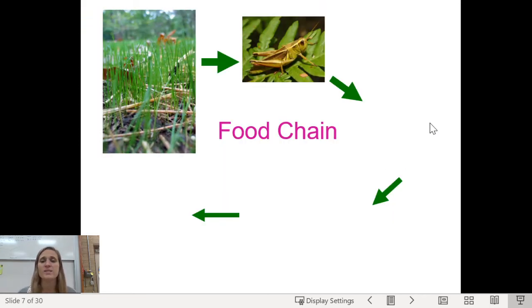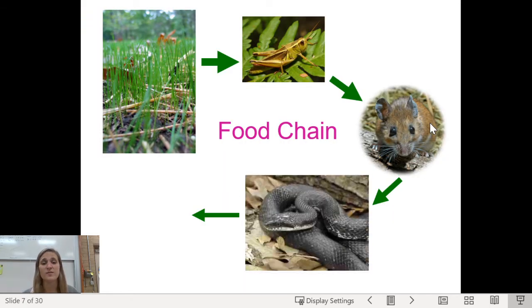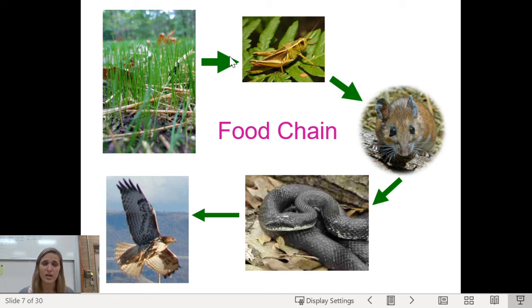No need to write anything down for the food chain. We're just taking a look at the fact that at the base of the food chain and the base of all things when it comes to needing energy is photosynthetic autotrophs. Grass, leaves, anything that is green that makes its own food is the foundation of the food chain. And then everything after that is going to consume something that first consumed a photosynthetic autotroph.